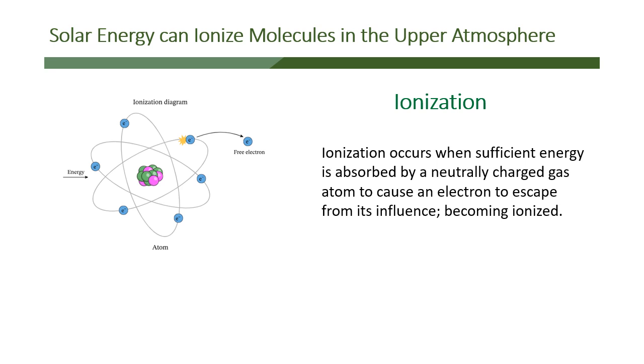So the first thing we want to cover with regards to propagation, that is how radio waves move through the atmosphere, is to understand why they move through the atmosphere. And the number one reason, really the only reason, is that solar energy can ionize molecules in the upper atmosphere. Ionization occurs when there's sufficient energy being absorbed by a neutrally charged gas atom, nitrogen or oxygen for example, to cause an electron or more to escape from its influence.